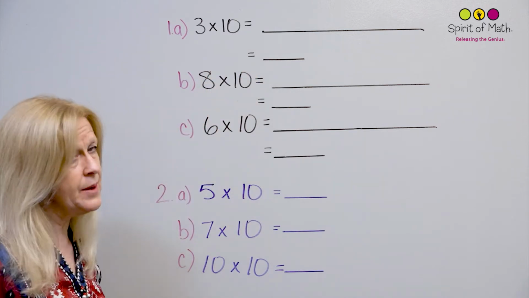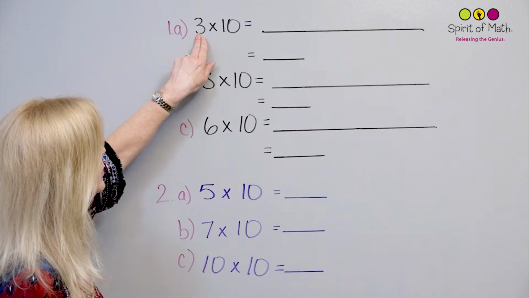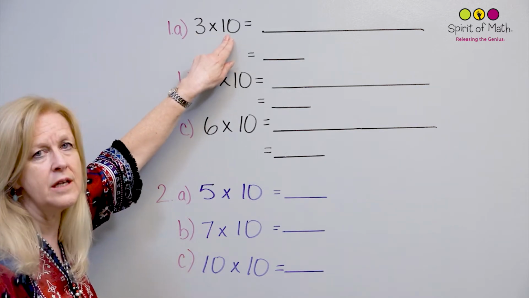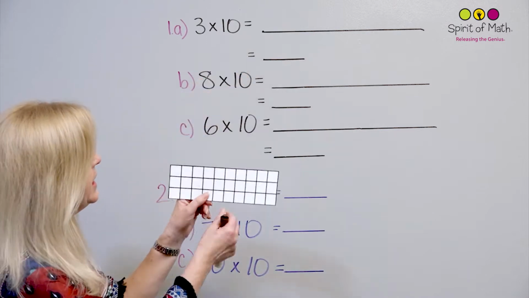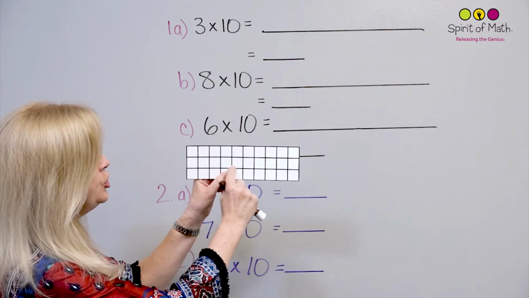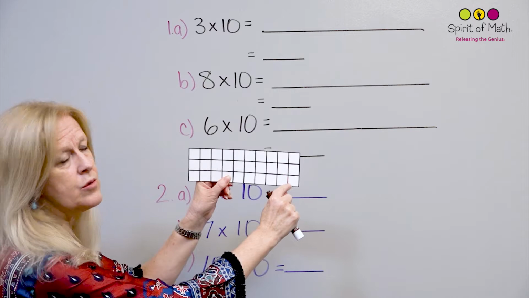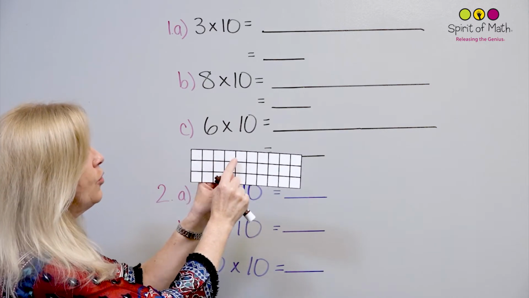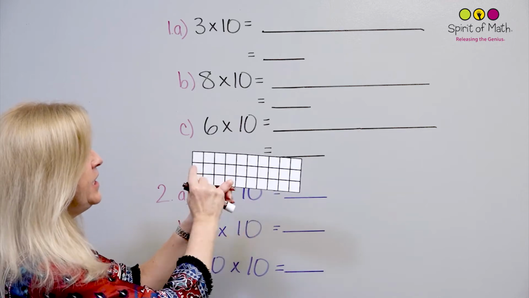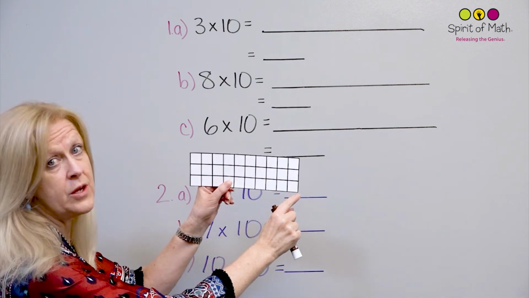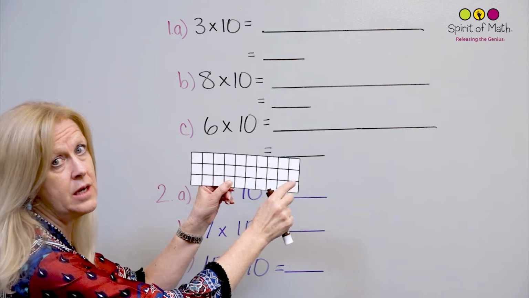Now, the way to think about this is you have 3 groups of 10. So if you have 3 groups of 10, that's like saying you have 1, 2, 3 groups of 1, 2, 3, 4, 5, 6, 7, 8, 9, 10. Okay? So that's 10, 20, 30 would be your answer. 3 groups of 10. Okay?